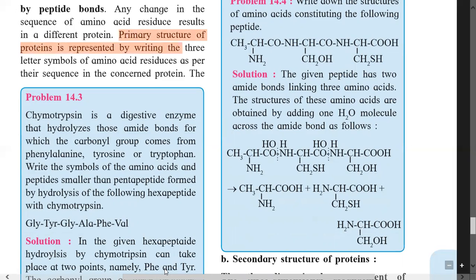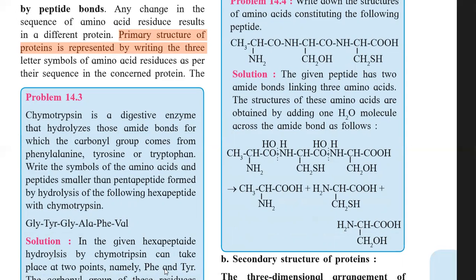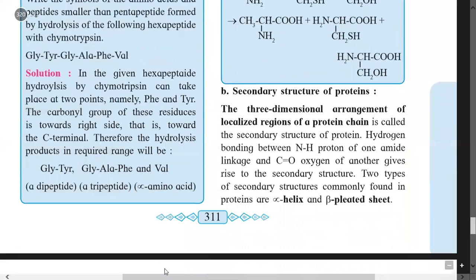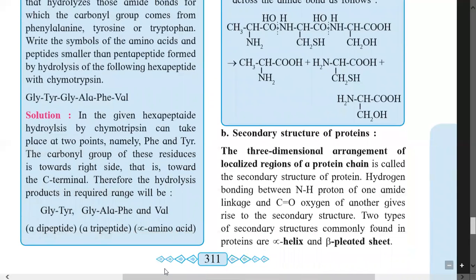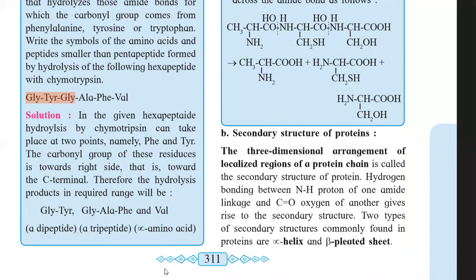The primary structure of protein is represented by writing the three-letter symbols of amino acid residues as per their sequence in the concerned protein. How these amino acids are written in the primary structure is shown here as an example. Here GLY, TYR, GLY again, ALA, PHE, VAL.